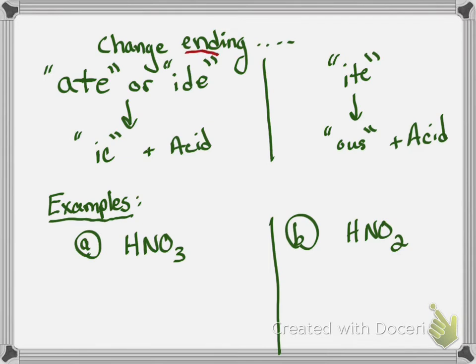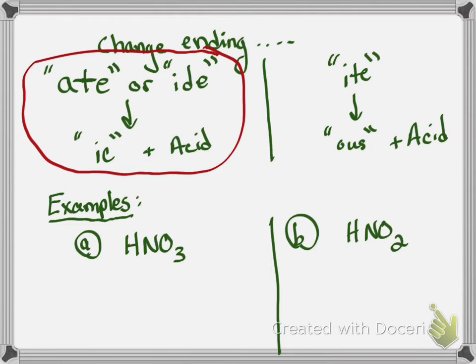If you have "ate" or "ide," it will become "ic," and you add the word acid. So, for example, right here we have hydrogen. We know that it's an acid. That's where we're getting the word acid from. That's the hydrogen part of it, so we're going to write the word acid.